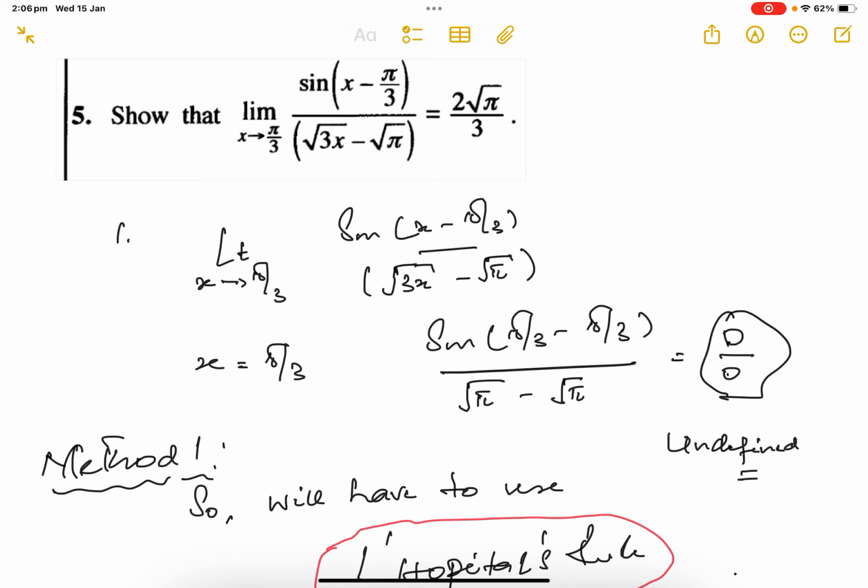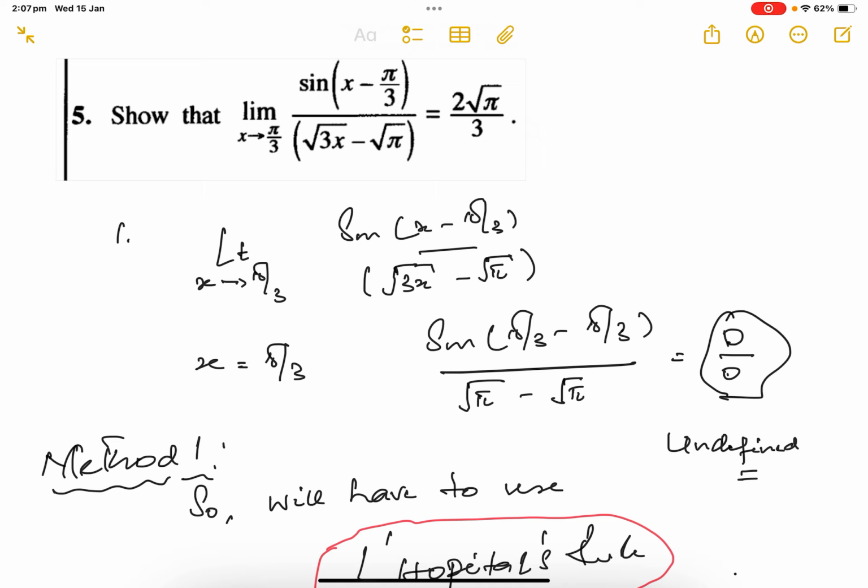So the left hand side is a limit. Let's start with that. The limit as x tends to pi over 3 of sin(x - pi/3) divided by root of 3x minus root of pi.